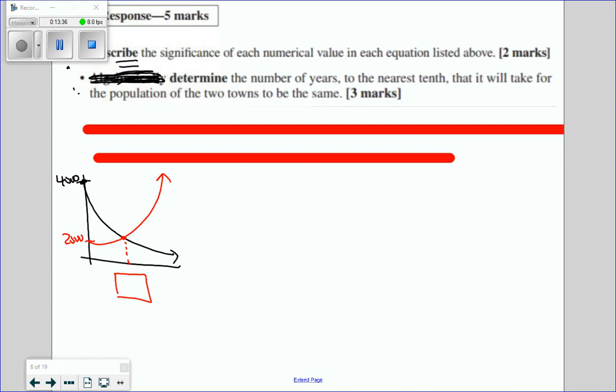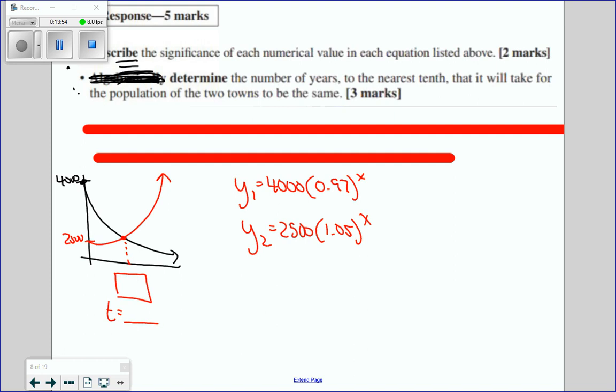So you would do Y1, Y2, you would draw the picture, you would find the t value, okay, and then you must give the window settings.